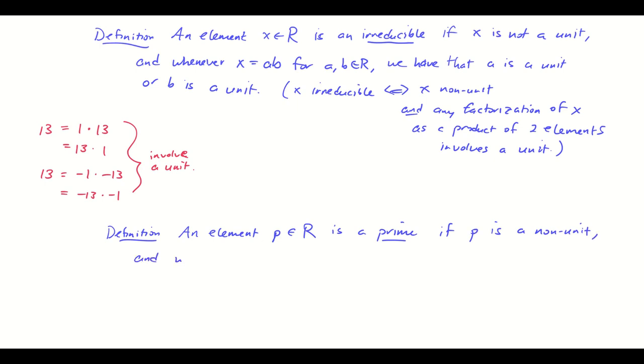And whenever A and B are elements of R such that P divides AB, we always have P divides A or P divides B. So that's a little bit different now. We're saying that an element of an integral domain is prime if, first of all, it's a non-unit, and also if that element divides a product of two elements of the integral domain, then it has to divide one of the elements.